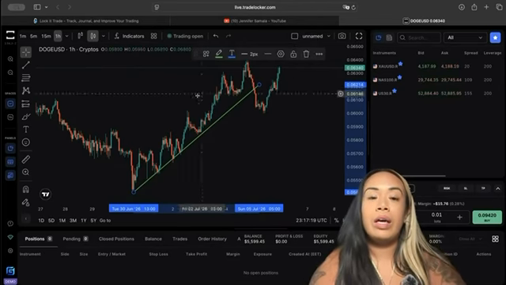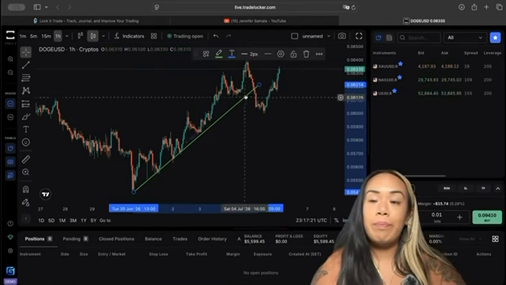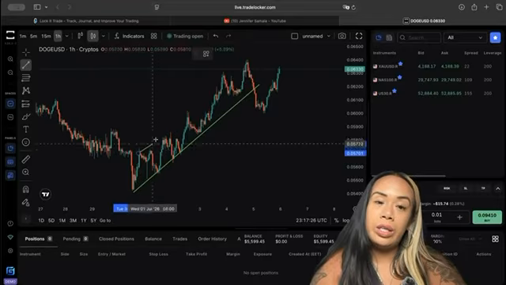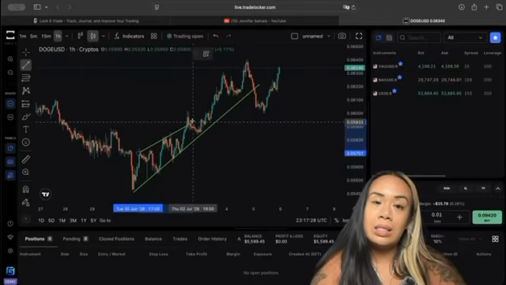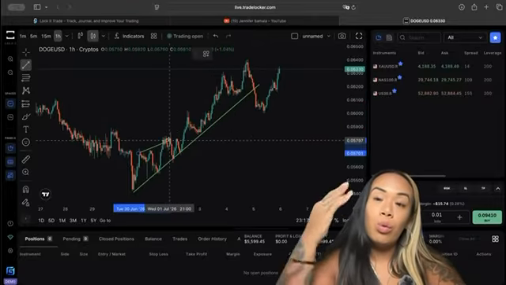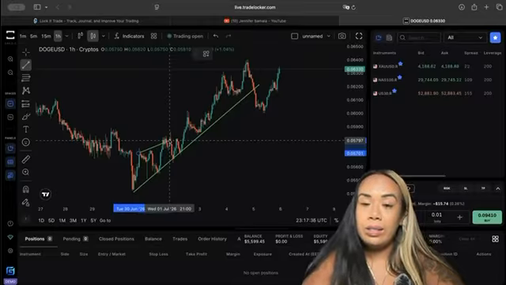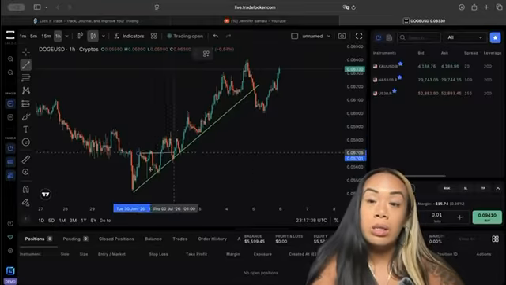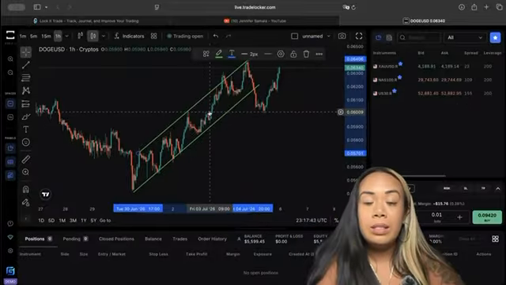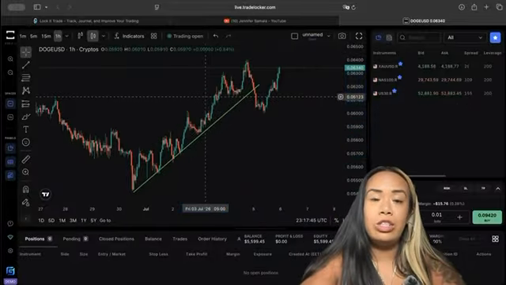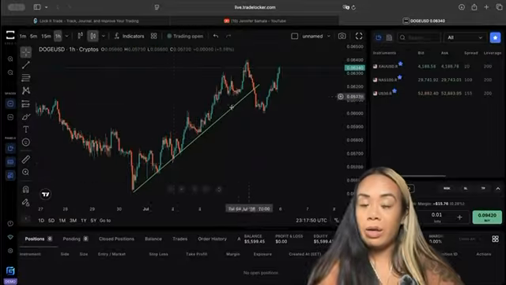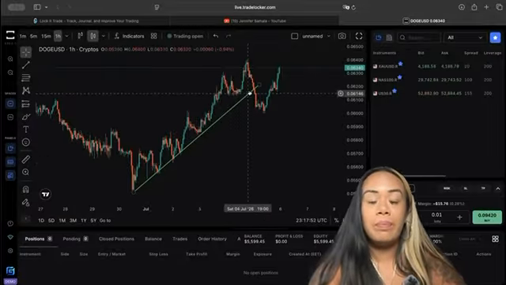So right over here, you don't need to figure out which one connects to which, and next thing you know you're drawing lines like this, right? Don't overthink it. I honestly suggest drawing the line on the bottom end. To make it a little more simplified, draw the trend line on the bottom whenever it's going up.